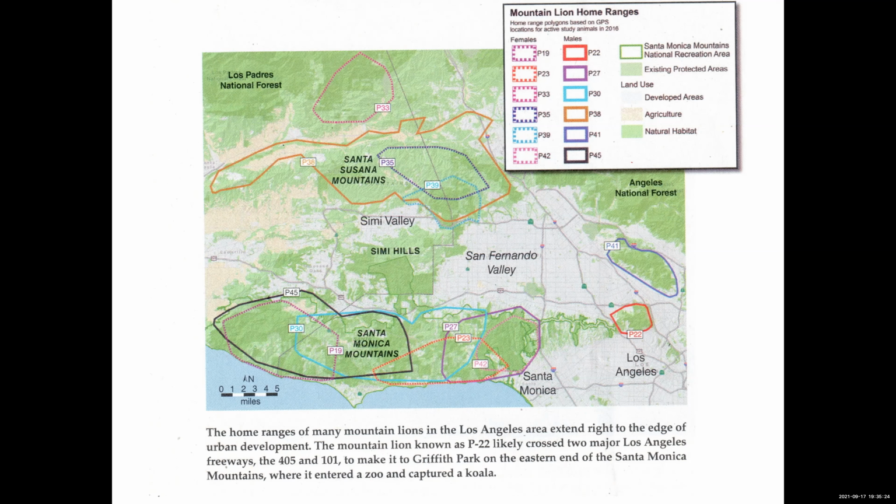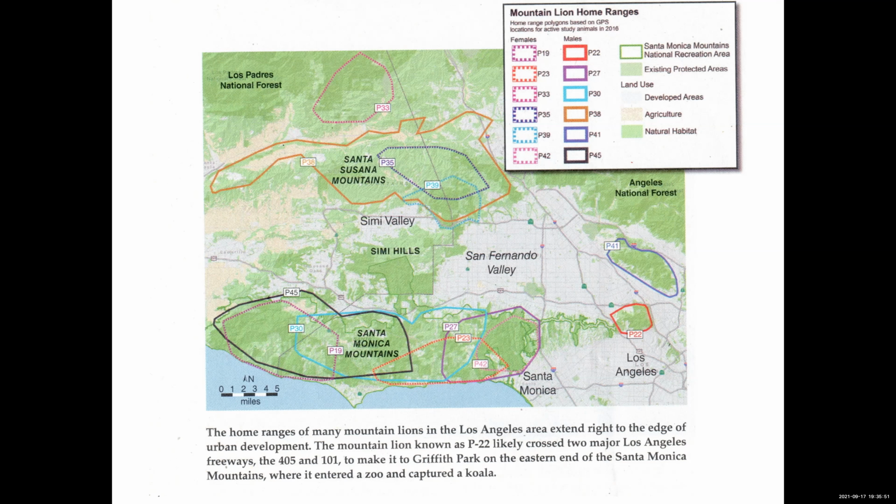So if you're familiar with this landscape, it's quite a long drive to go from the south end of this figure to the north end. And each individual may or may not have some overlap with other individuals in their territory. So this word territory is another way we can say a home range.